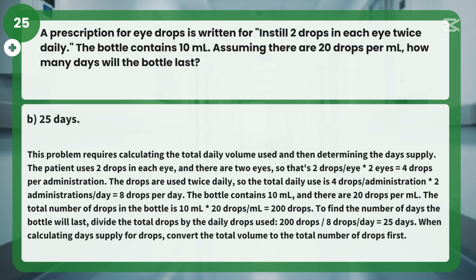The total number of drops in the bottle is 10 milliliters * 20 drops/mL equals 200 drops. To find the number of days the bottle will last, divide the total drops by the daily drops used. 200 drops / 8 drops/day equals 25 days. When calculating days supply for drops, convert the total volume to the total number of drops first.